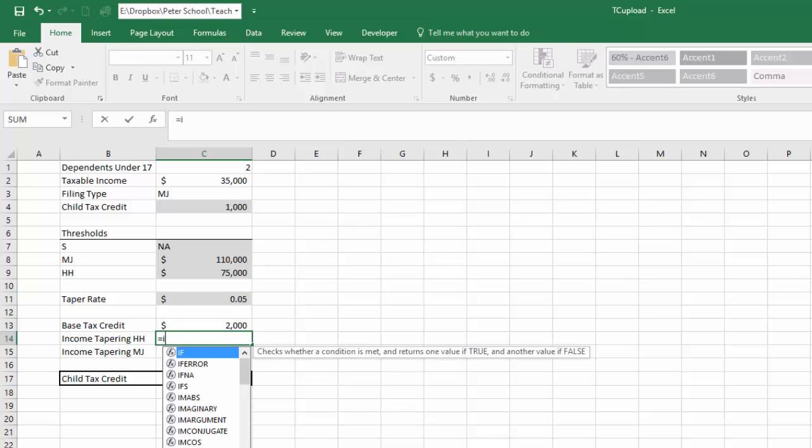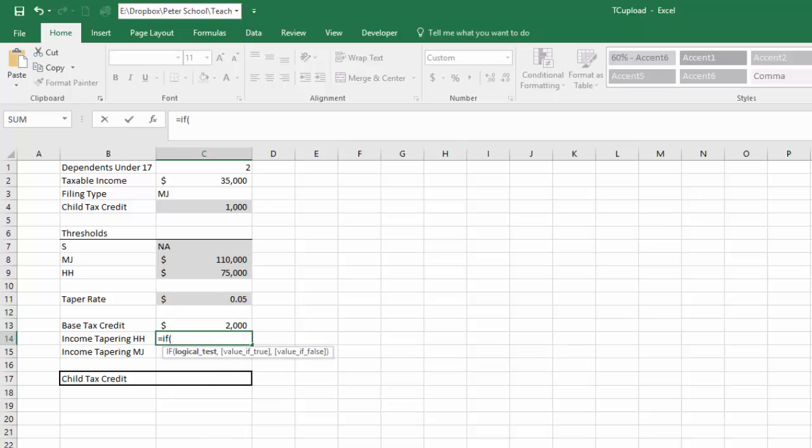First, if your taxable income is less than your head of house threshold, then the tapering is 0, because there's no deduction to your base tax credit.